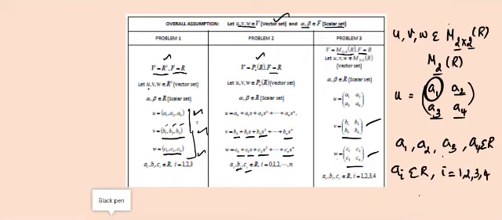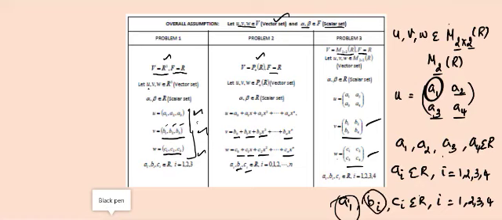Similarly all B1, B2, B3, B4, C1, C2, C3, C4 belong to R. On the whole I will write: Ai, Bi, Ci belong to R. What are the suffixes for i? 1, 2, 3 and 4. So here 4 elements, here 4 elements, here 4 elements. On the whole all the 12 elements belong to real numbers.